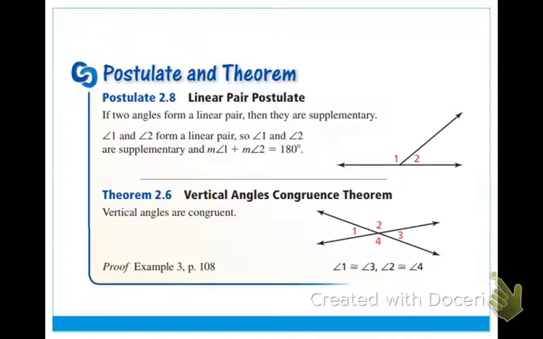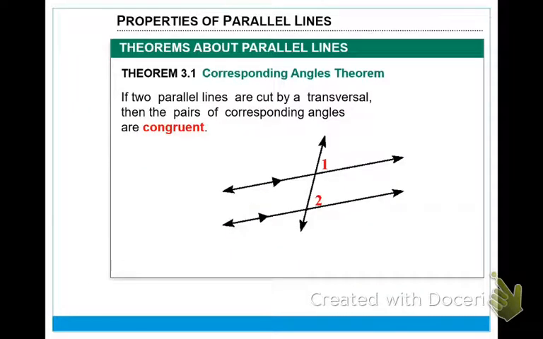All right, then we're going to talk about, I believe it's alternate interior. I'm sorry, nope, it's corresponding. We're doing corresponding next. If two parallel lines are cut by a transversal, then the pairs of corresponding angles are congruent. Go ahead and write congruent in the box of corresponding.